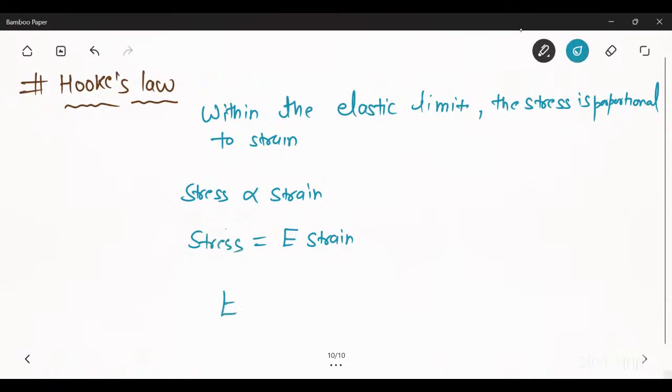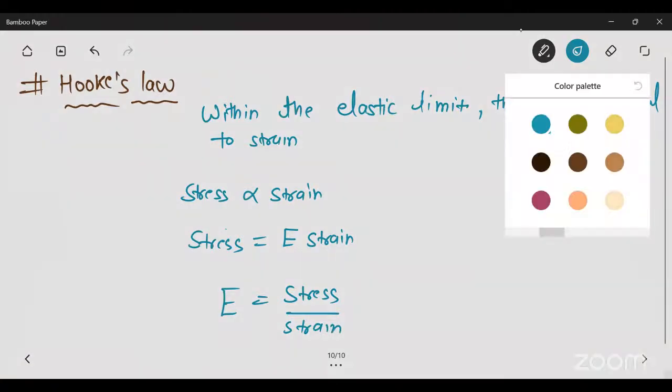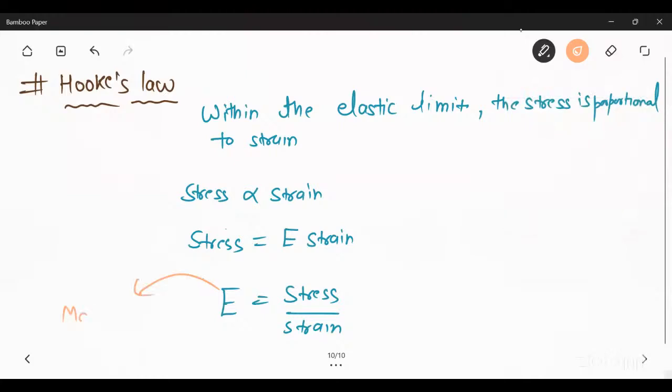So E is equal to stress upon strain. What is E here? E is the modulus of elasticity. It is the ratio of stress and strain.